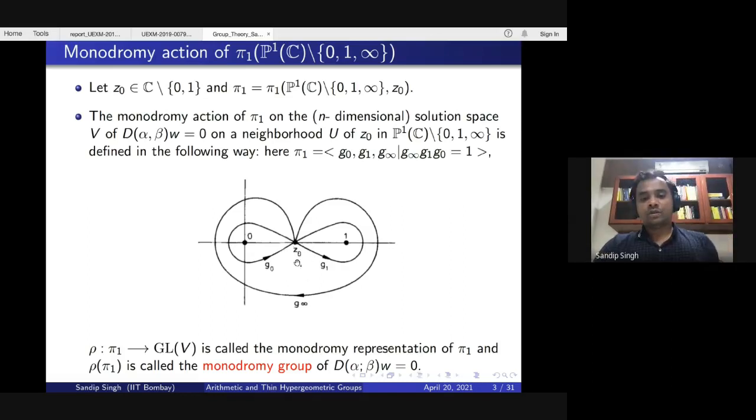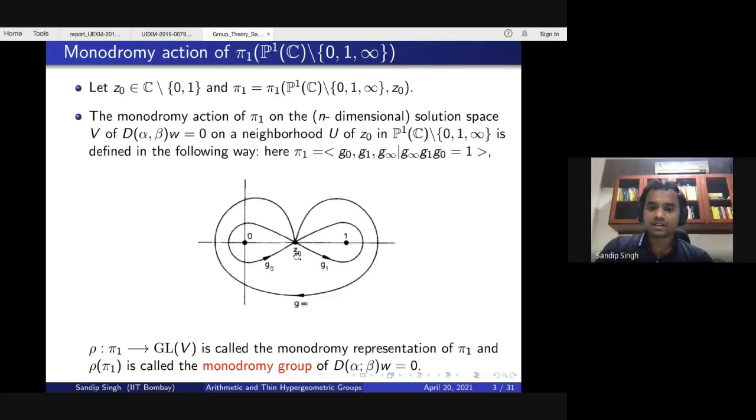So now, to define the action of pi 1 on the solution space, which is of course the n-dimensional complex vector space, we also know that this pi 1 is generated by the equivalence classes of the loops G naught, G1, and G infinity. G naught is the loop around 0, G1 is the loop around 1.